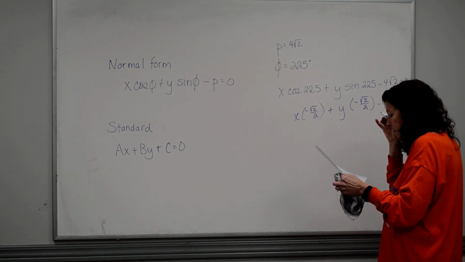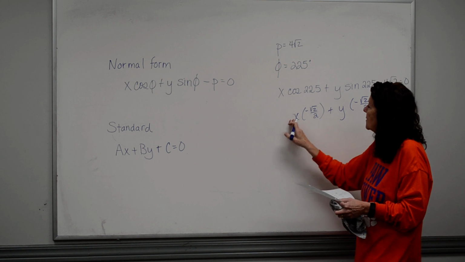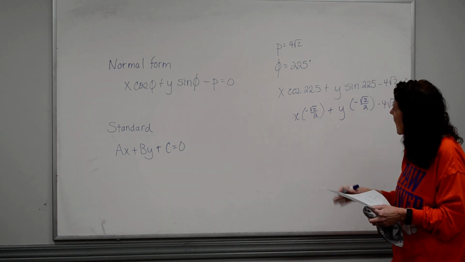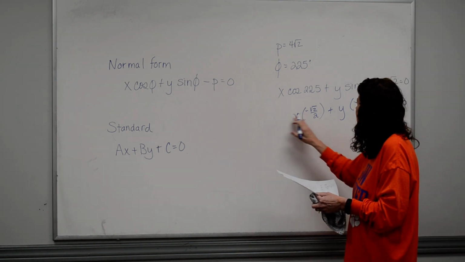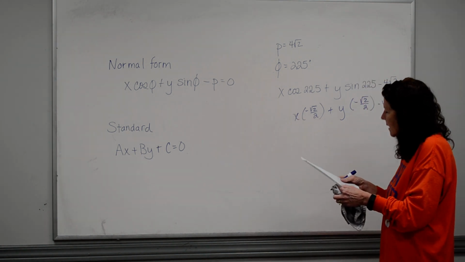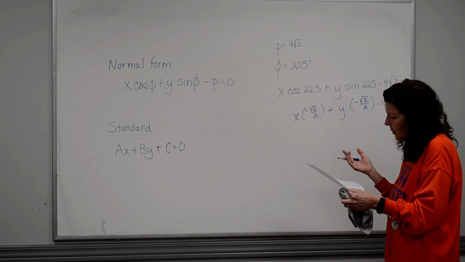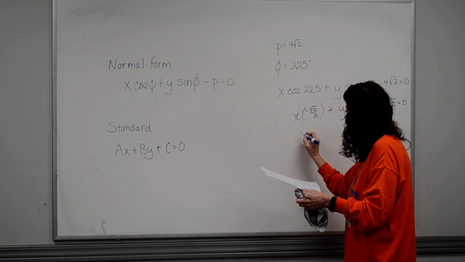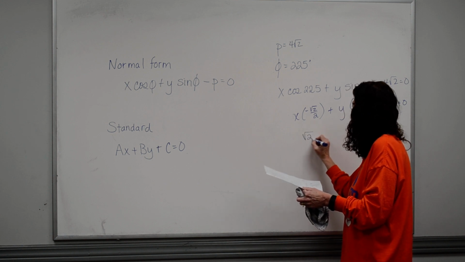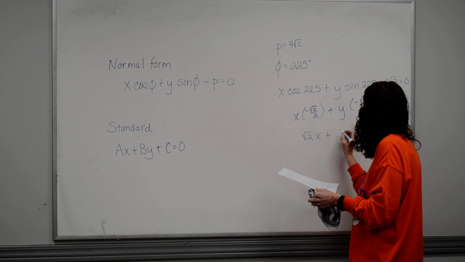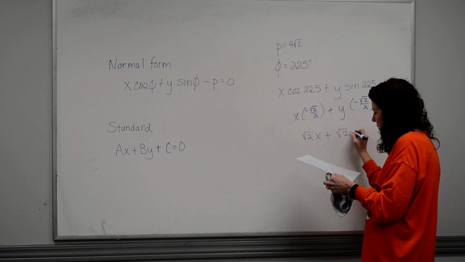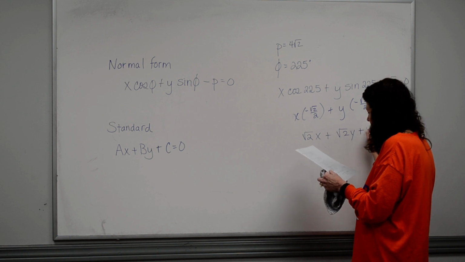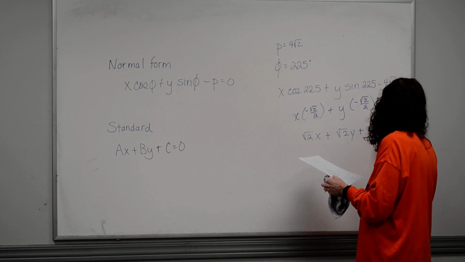Well, the one thing that I am not supposed to have, I am not supposed to have a negative x, and I'm not supposed to have a fraction. On these, I can have a square root, but I am going to get rid of the square roots as well. So I'm going to multiply by a negative 2 first, which is going to give me the square root of 2x plus the square root of 2y equals positive 8 over the square root of 2.